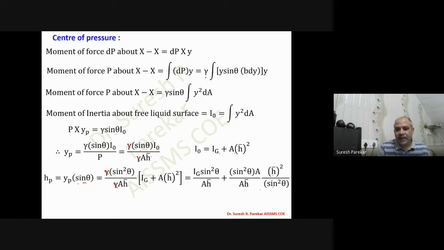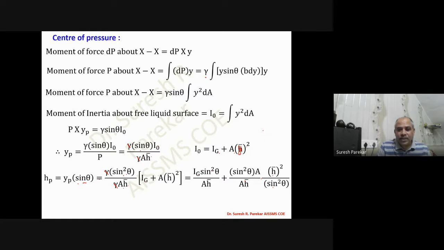So see, we have separated this IG into sine square theta upon A h bar plus sine square theta upon A h bar multiplied by h bar square. Sorry, this will be I naught is equal to IG plus A y bar square. And that is y bar we have seen.